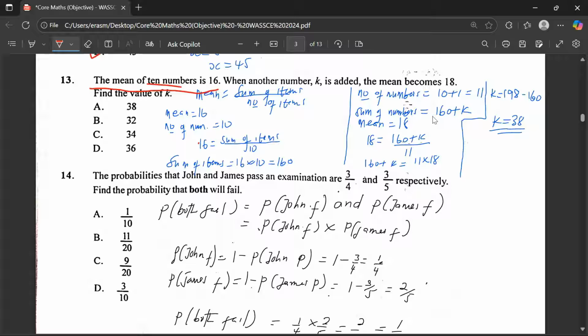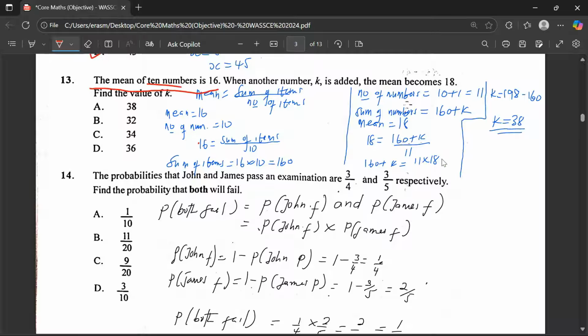Right? Now, it says that the mean then becomes 18. So you are going to have mean 18 equals sum of items, which is 160 plus k, all over number of numbers, which is 11. So you are going to make k the subject. So 11 times 18 is equal to 160 plus k.